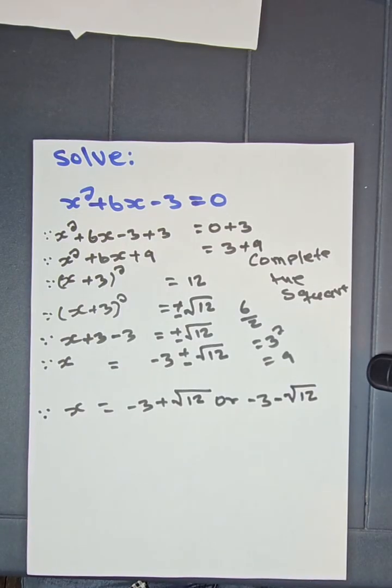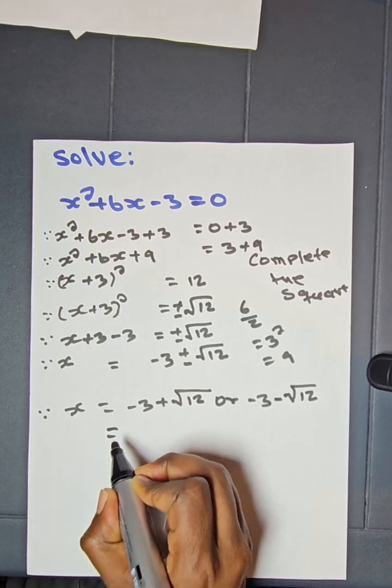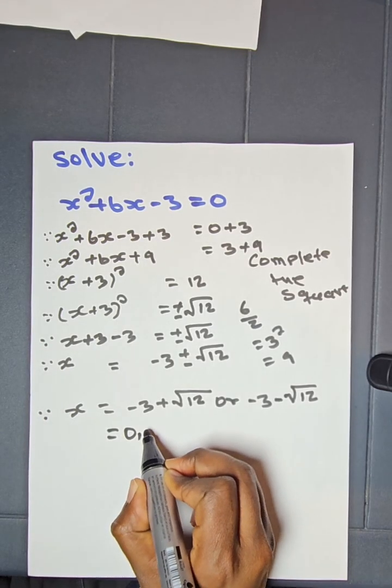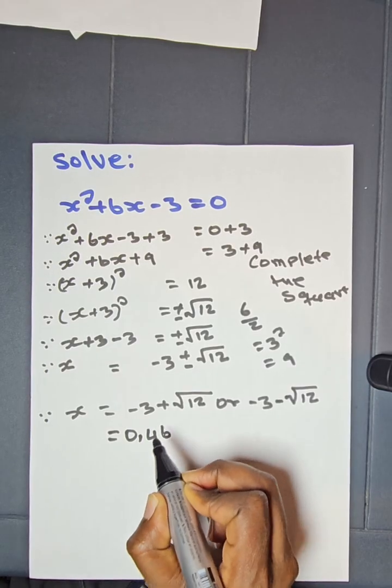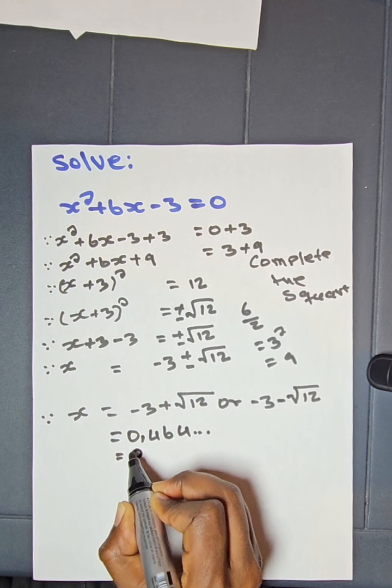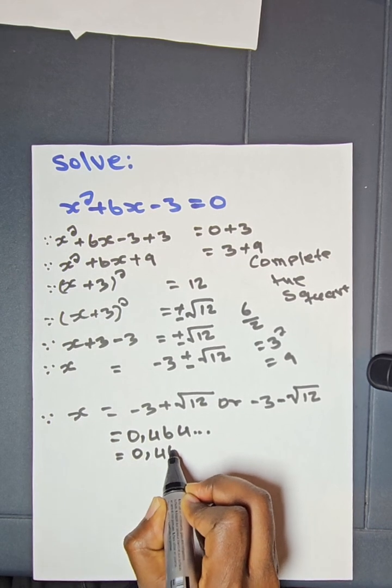Now use your calculator and see the answer you got. If I take my calculator and say minus 3 plus the square root of 12, this gives me 0.464, and make sure to round it off to 2 decimal places, which simplifies to 0.46.